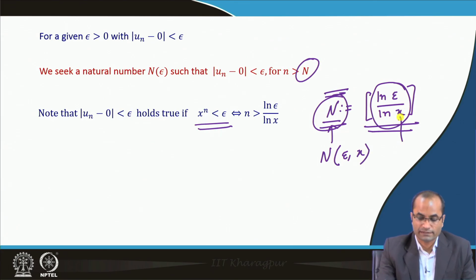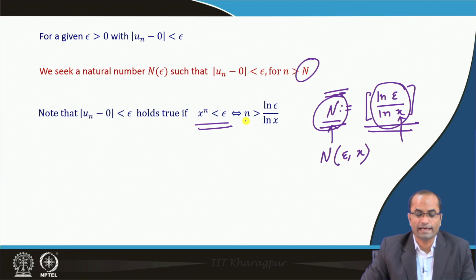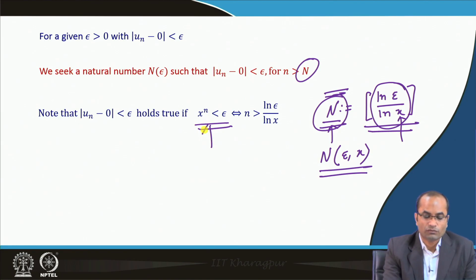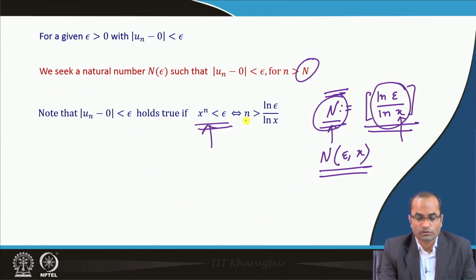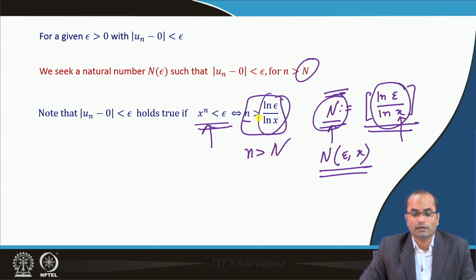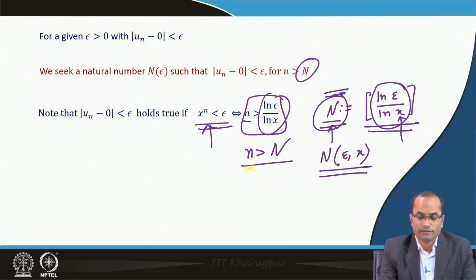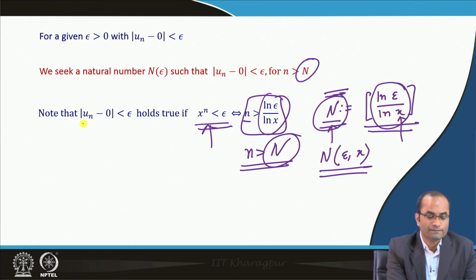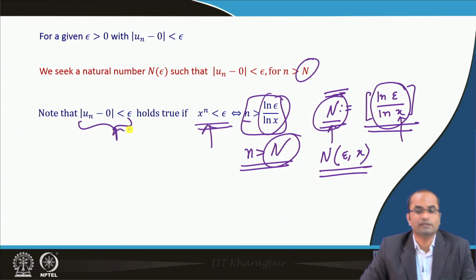Once we fix x, any number from 0 to 1, we can get such an N, and then this relation will hold, because it holds for all n greater than this. So, if we take any n greater than this N(epsilon, x), then definitely we have that |u_n - 0| is less than epsilon.